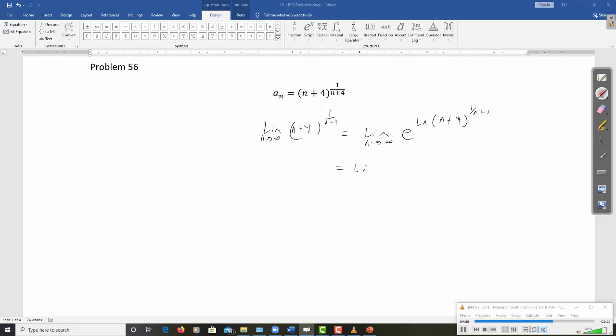So that's the limit as n goes to infinity of e to the ln of n plus 4 over n plus 4. And we've actually already seen that basically from our theorem with our common limits. We know this goes to 0 because n plus 4 goes to infinity faster than ln of n plus 4. So this is going to go to e to the 0, which is 1.